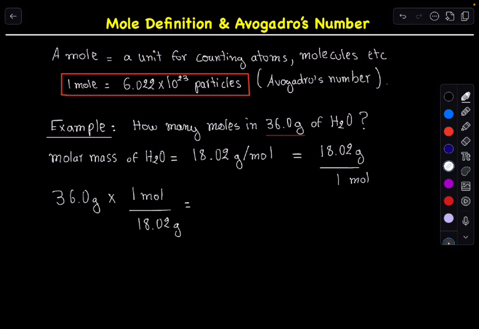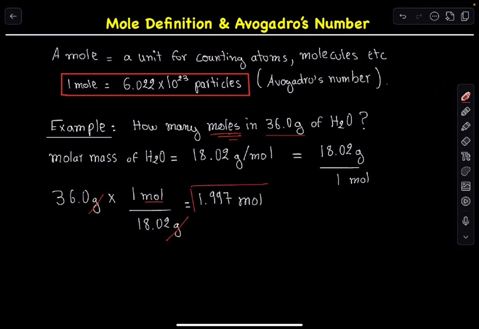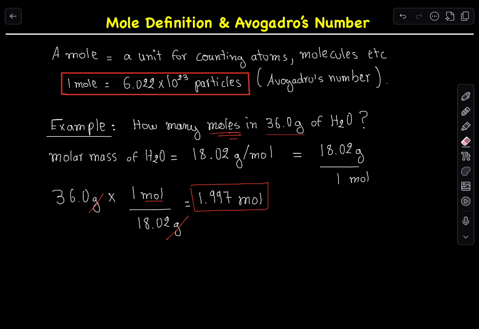Here the grams cancel out and we divide. 36.0 divided by 18.02 is equal to 1.997 moles of water. We pay attention to sig figs, we make sure everything is correct, and this is our answer.